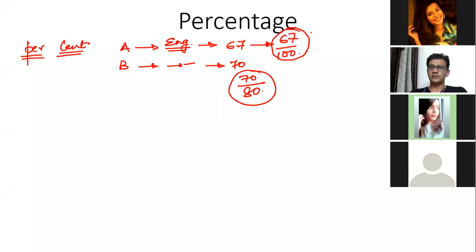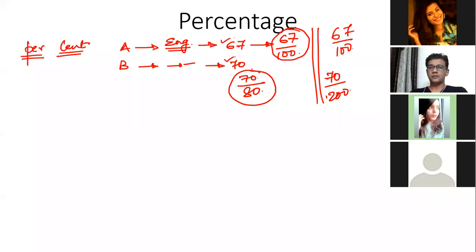But if I change this comparison to A scores 67 out of 100, B scores 70 out of 200, now can you tell me who's better, A or B? Now in this case, A becomes better, right? Why are we fluctuating between A and B? Initially we compared only the marks.